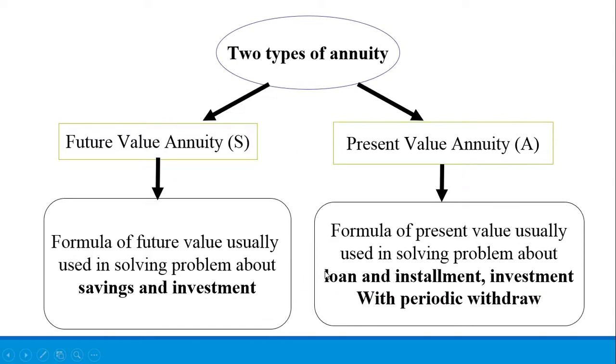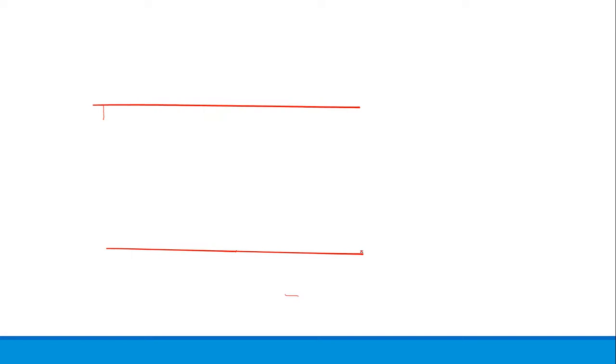Let me explain to you the case for these two annuities. When you want to use these two, let's say you have a timeline. This is future value annuity.